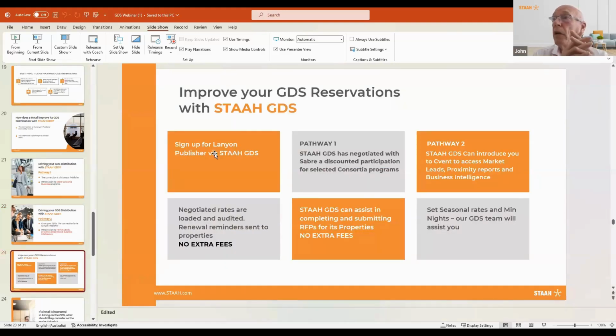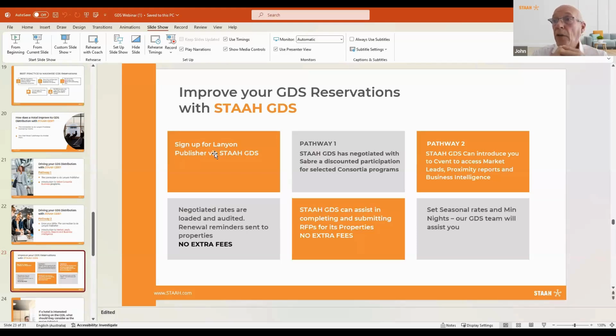So improving your GDS reservations with STAAH GDS, you sign up for Lanyon Publisher via STAAH GDS, and then you choose which of your 2 pathways you want to go down. In addition to that, the bottom left tile, negotiated rates, that assuming you win some of these RFPs, you will also have rate loading requirements of negotiated rates that you were successful in submitting.